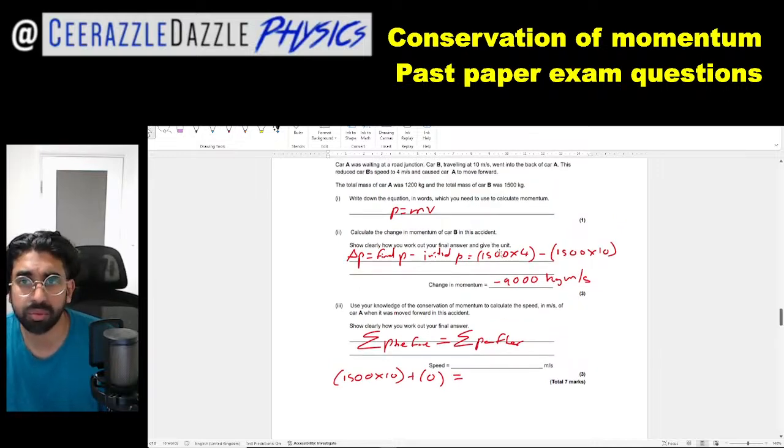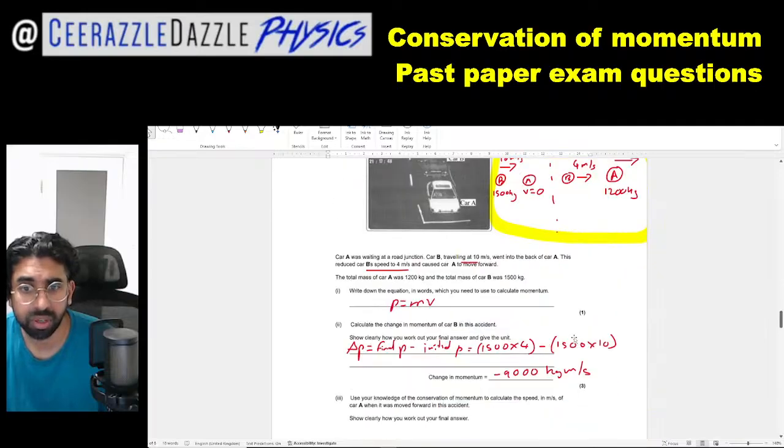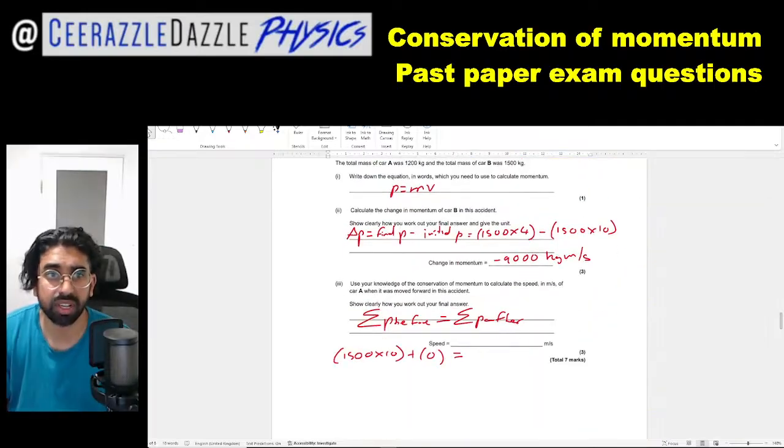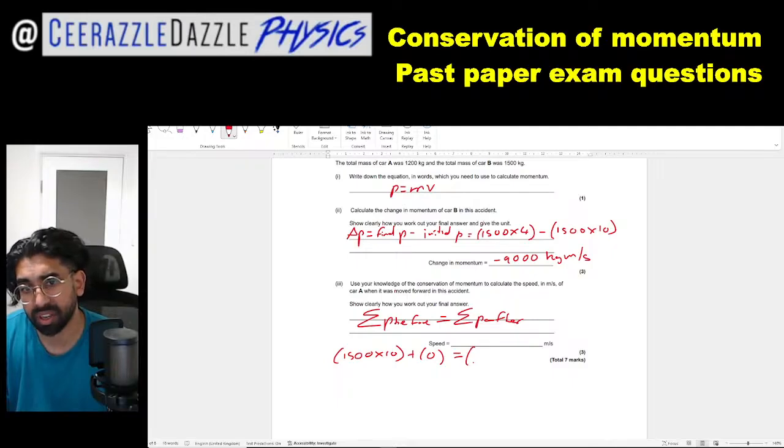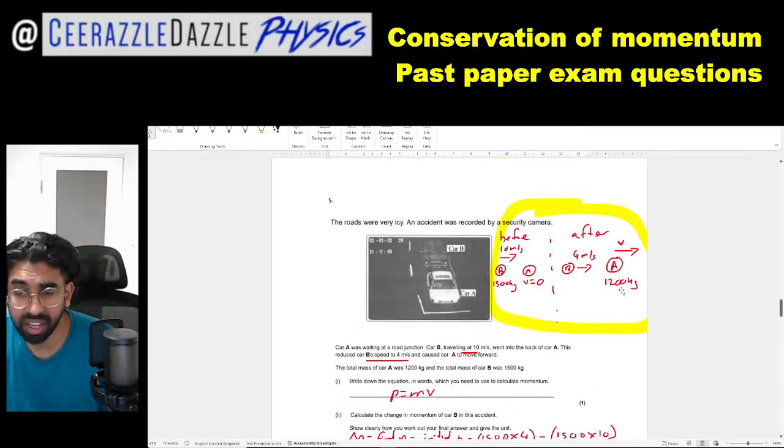This will be equal to the momentum afterwards. So the momentum afterwards is going to be car B, same mass, 1500 times 4. So open bracket, 1500 times 4, plus momentum of car A, because now don't forget it hits into car A and car A starts to move.